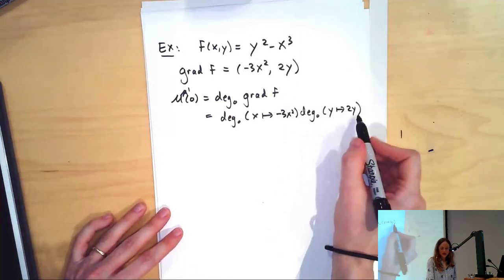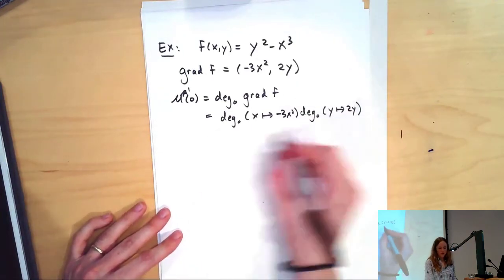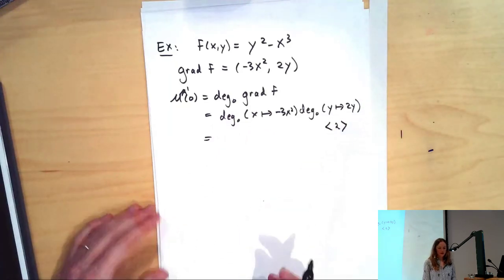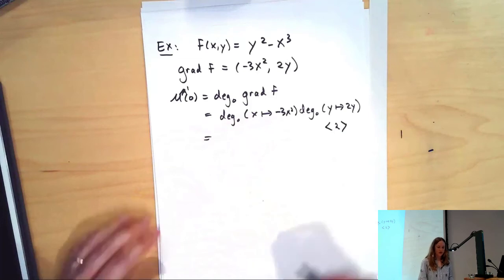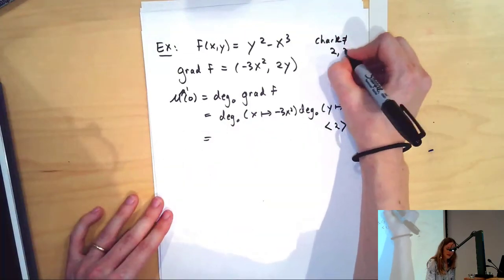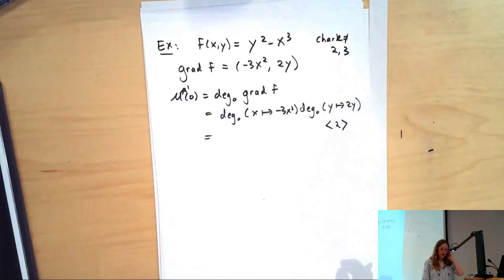This y goes to 2y, that's étale, so we know that the degree of that is just 2 in brackets. For the x goes to minus 3x squared, let's assume that the characteristic of k is not 2 or 3.